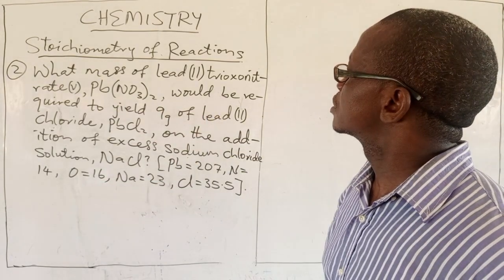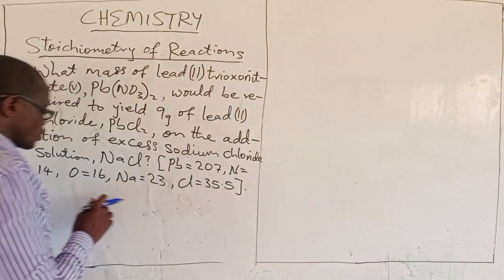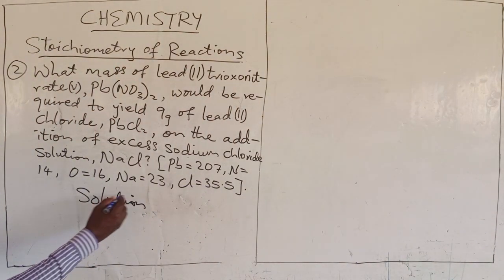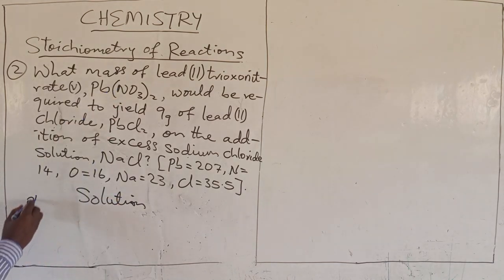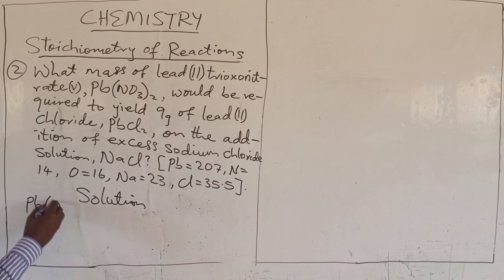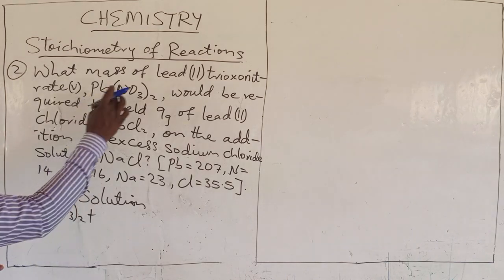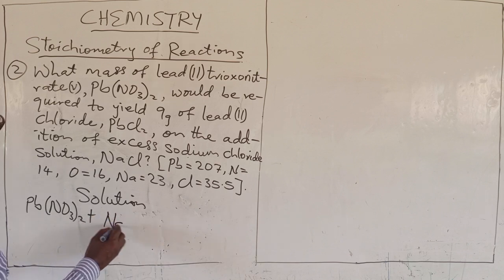So now let's start by writing the equation. Okay, so I will now say solution. First, Pb(NO3)2 to react that with this one as they said there. And let me give space so that if I balance it, I will have space here to write something.